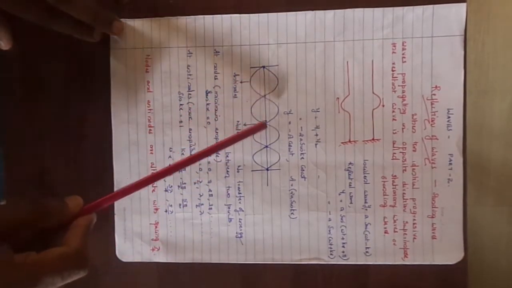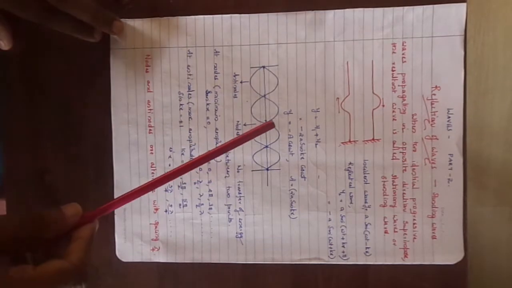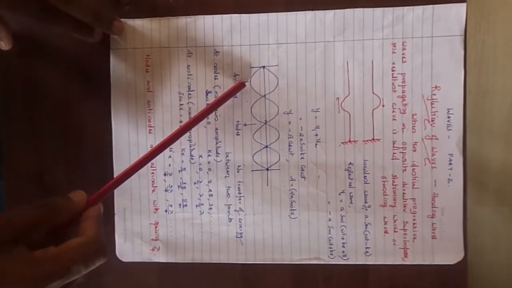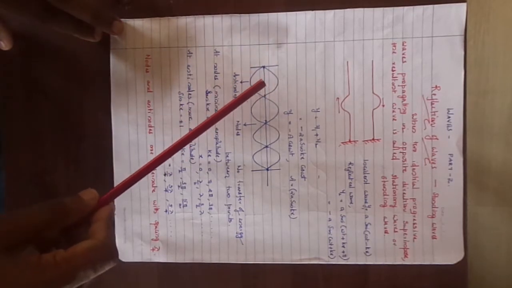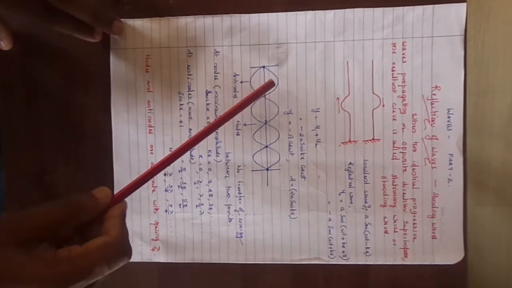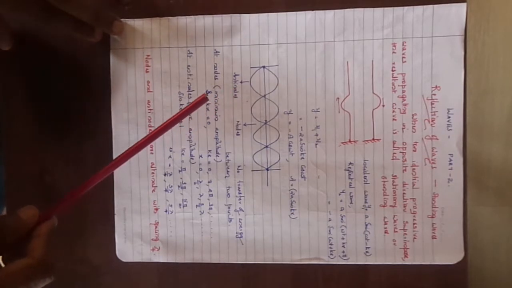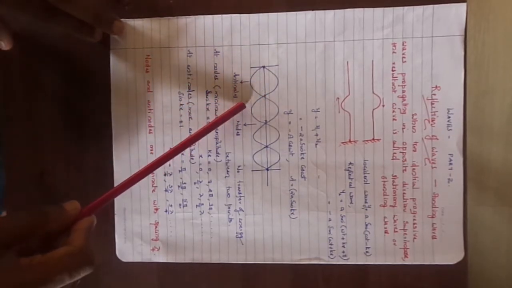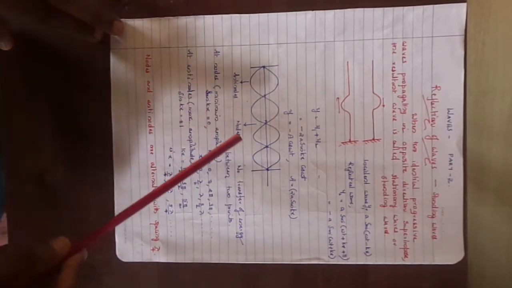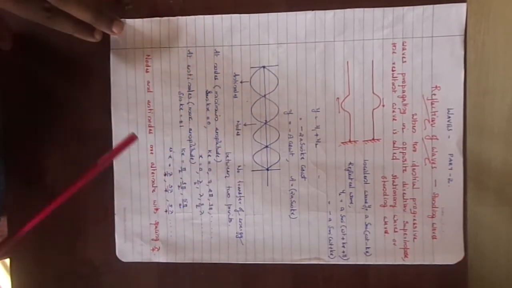Keep in mind this very important concept. And look at the antinodes. Antinodes means the positions having maximum displacement, minimum strain, and minimum pressure, at the locations λ/4, 3λ/4, 5λ/4, etc.